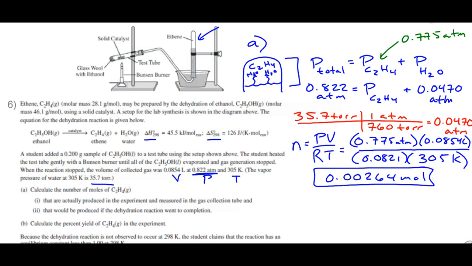Now, what's confusing about this is this was letter I. Double I says that would be produced if it went to completion. And if you're wondering, how do I know if it went to completion or not? Well, stoichiometry, not the ideal gas law, which uses the actual amounts present, I have to now ignore how much volume was made.